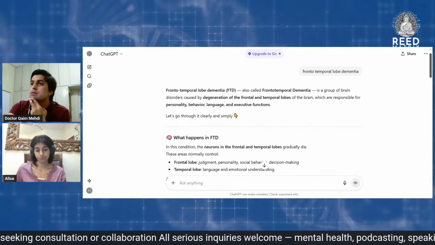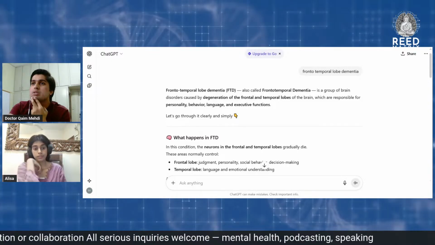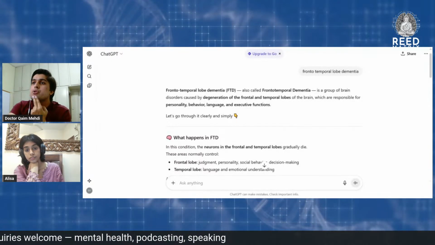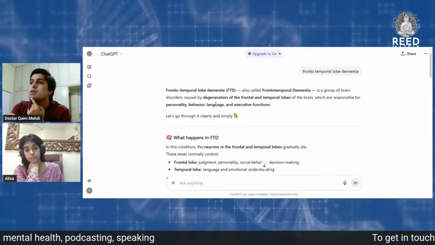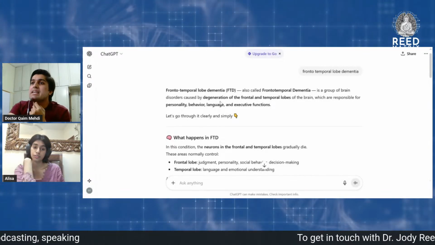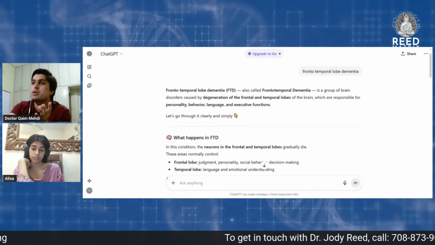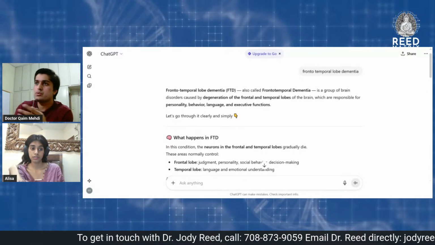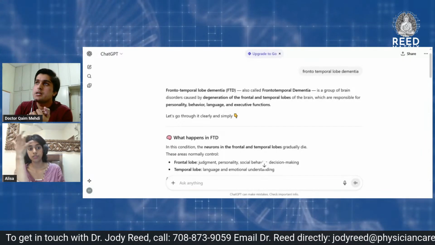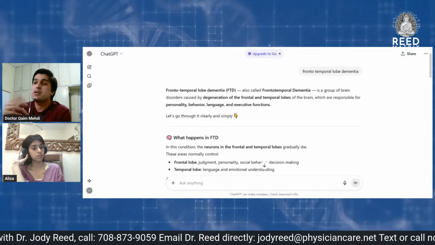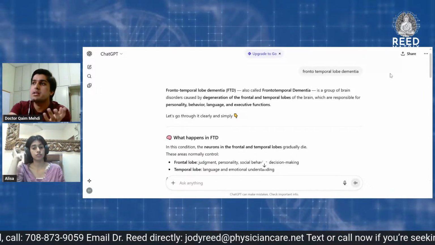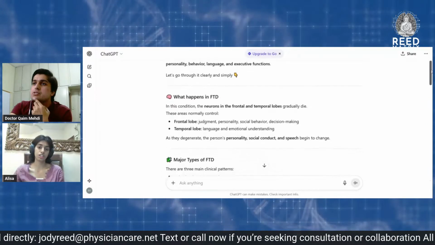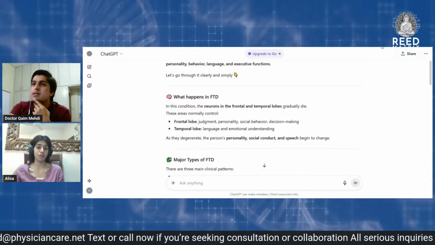Let's see what ChatGPT says about it: frontotemporal lobe dementia is a group of brain disorders caused by degeneration of the frontal and temporal lobes of the brain. Now, degeneration can happen due to trauma, due to genetic causes, like there can be genetic abnormalities. Yeah, it could be an injury as well, emotional trauma.